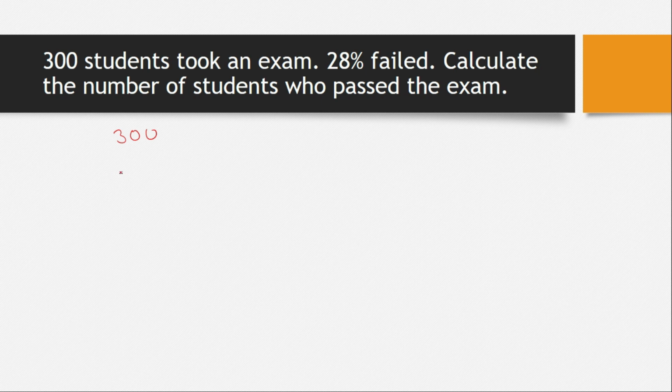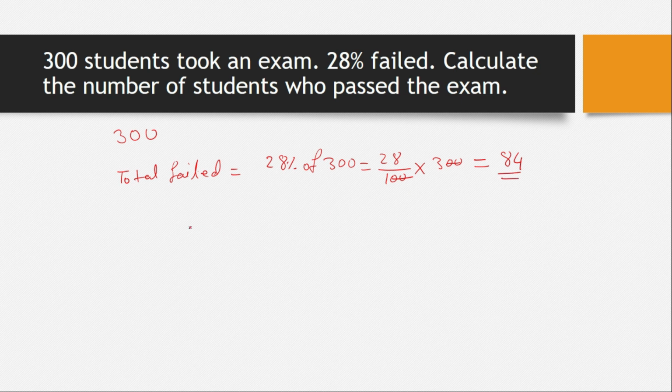So we have to change it into a number. Total failed is equal to 28% of 300. That means 28 by 100 into 300, or it is 84.